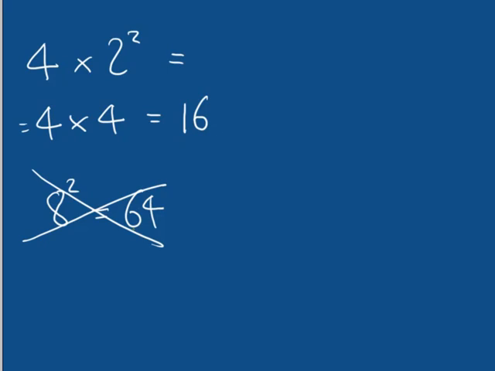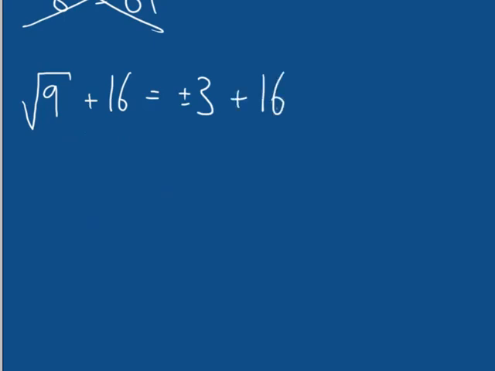So we must evaluate our powers and our square roots first, and we can see an example that uses square roots. So let's say we had the square root of 9, and then we can add to that 16. What does this equal? Well, the square root of 9 is equal to plus or minus 3, and then we're going to add to that 16.